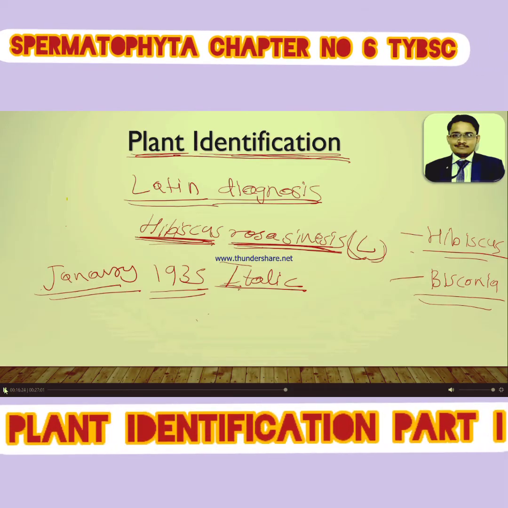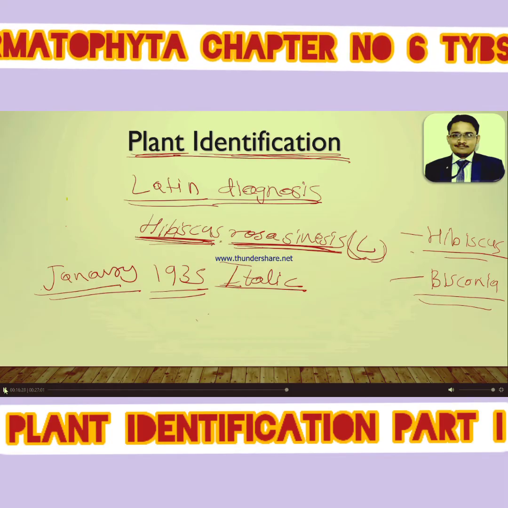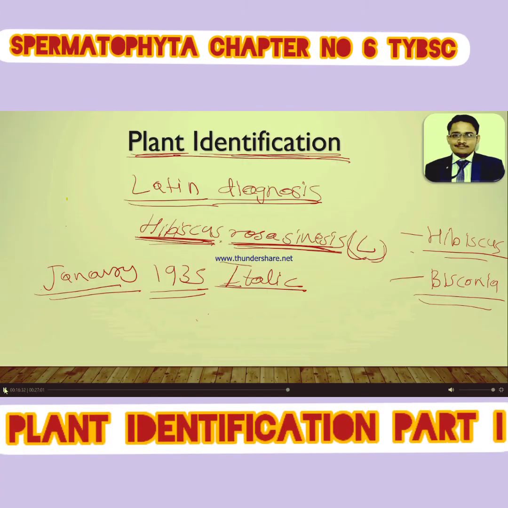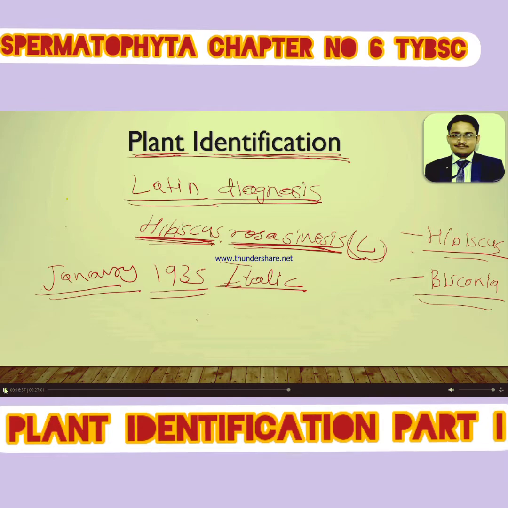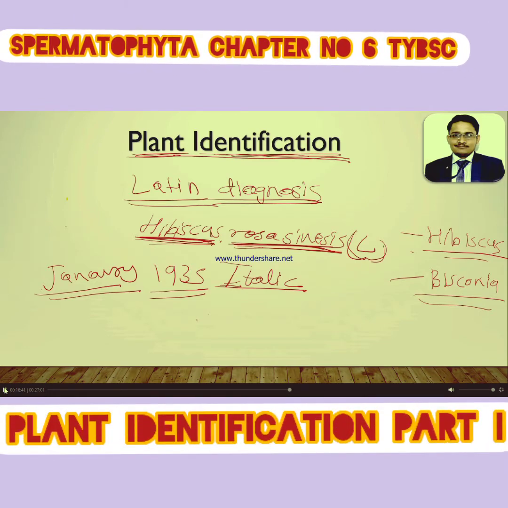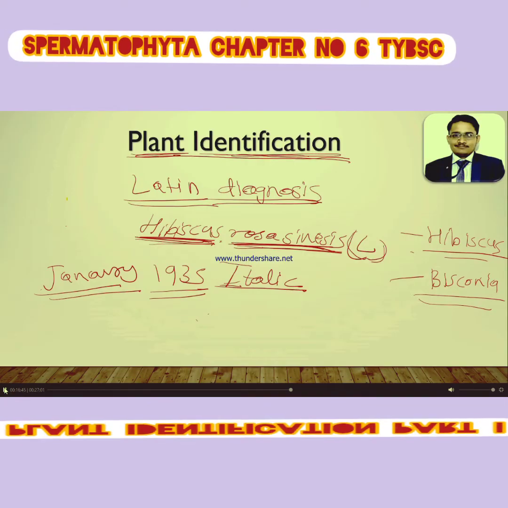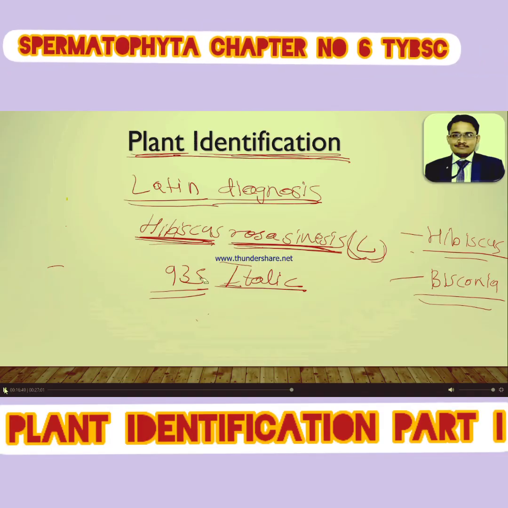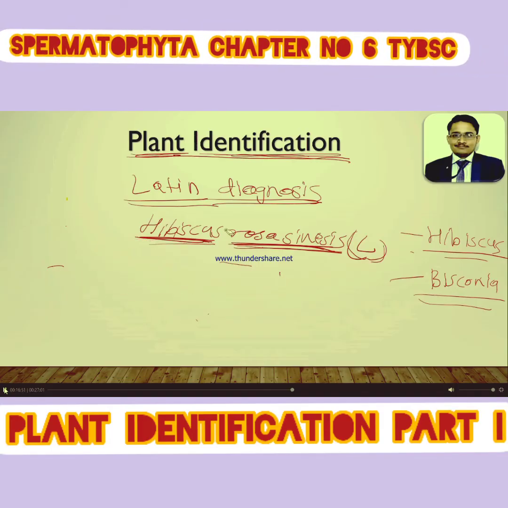That is correct. If any botanical name is not written in the Latin language, it is wrong, it is a mistake with that name. For that purpose, every botanical name or taxonomic concept should be written in the Latin language. I hope you understand the Latin diagnosis. Next concept is the recent trend.